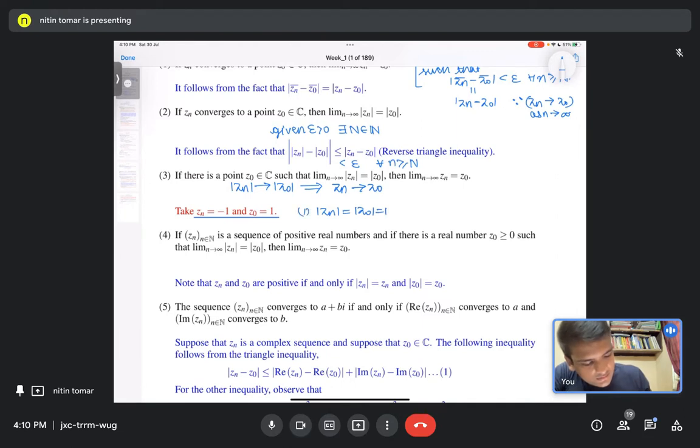So clearly in this case, mod of Zn converges to mod of Z naught. But in the other case, it is not true, because Zn is the constant sequence minus 1, and we know that minus 1 does not converge to 1. So it is true that if Zn converges to Z naught, then the modulus will also follow the same property, but the converse is not true, which you can see via the second and third statements.